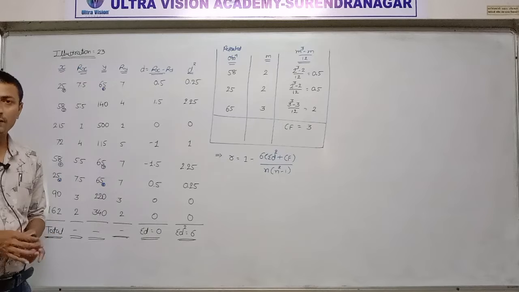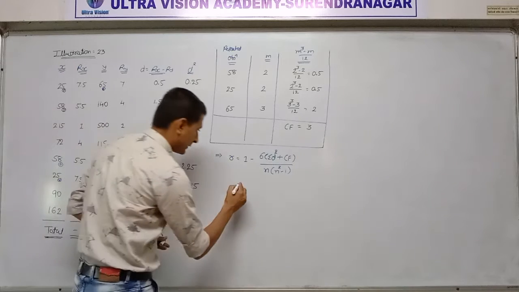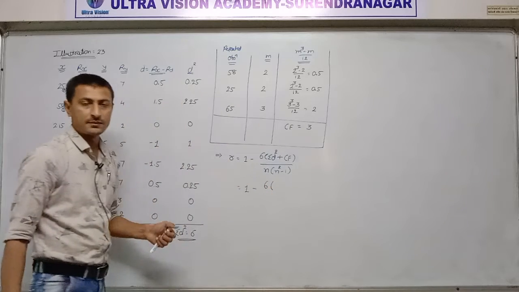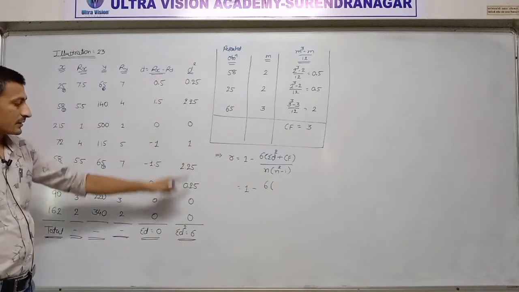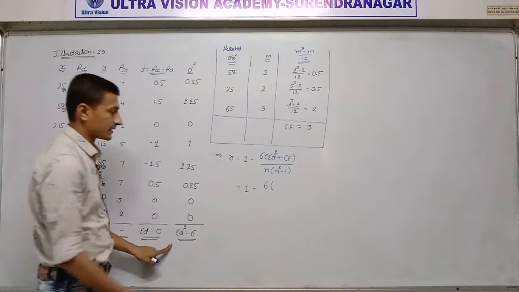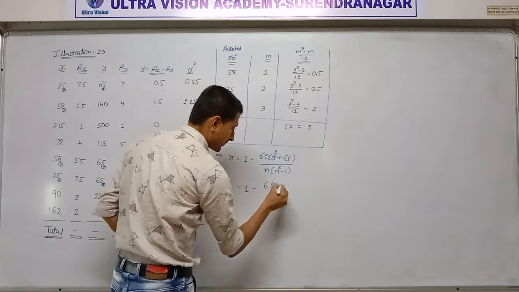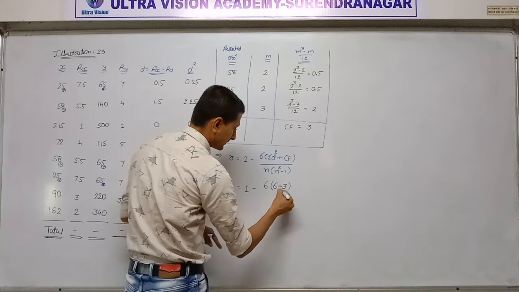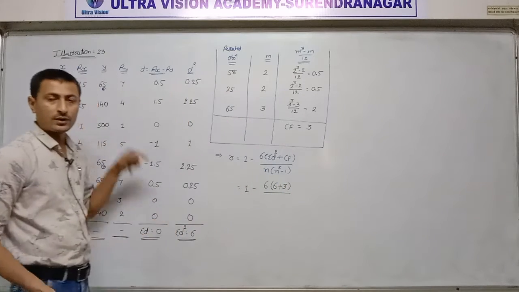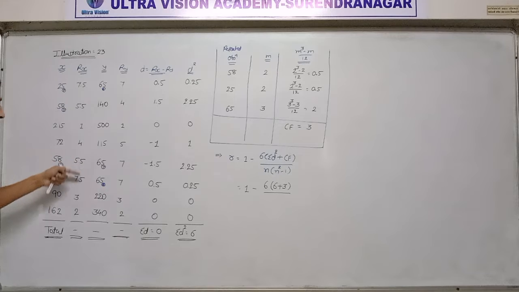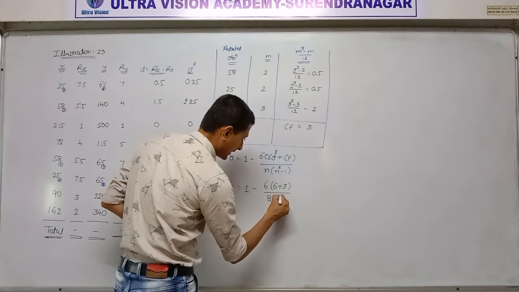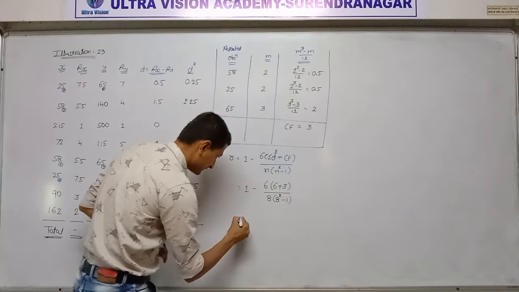Next step, putting all the values: 1 minus 6 in bracket sigma d square, last column total 6, plus CF column total 3, divided by n, total number of observations 8, in bracket 8 square minus 1.